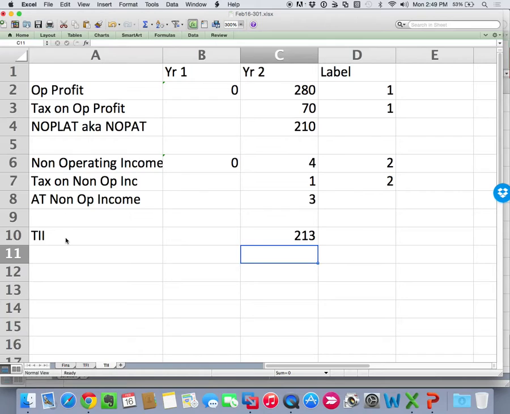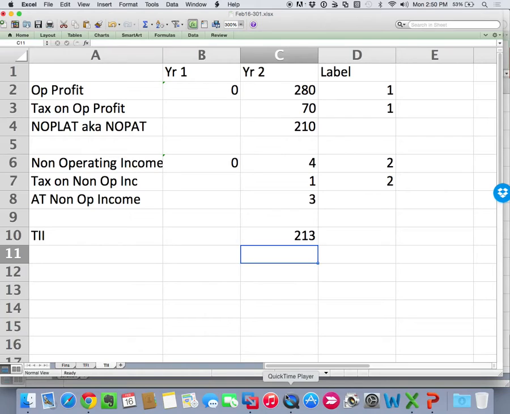Okay? So they're actually named appropriately, total income available to investors, which means I generate income, and on the financing side, I pay it out. Okay? So since I have positive income to match, I got to have a positive payout on the other side. So my other statement to balance has to be 213 million.